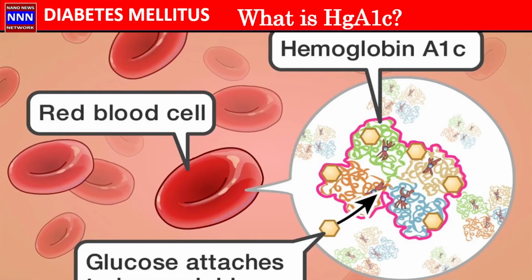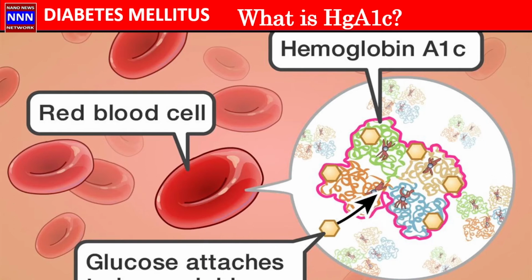Hemoglobin A1c is a reflection of the level of blood sugar in the body. And it is an indirect reflection because it is calculated by the amount of glucose that is attached to the red blood cells. As you can see with my green arrow here, it is determined by the amount of glucose that is attached to the red blood cells.